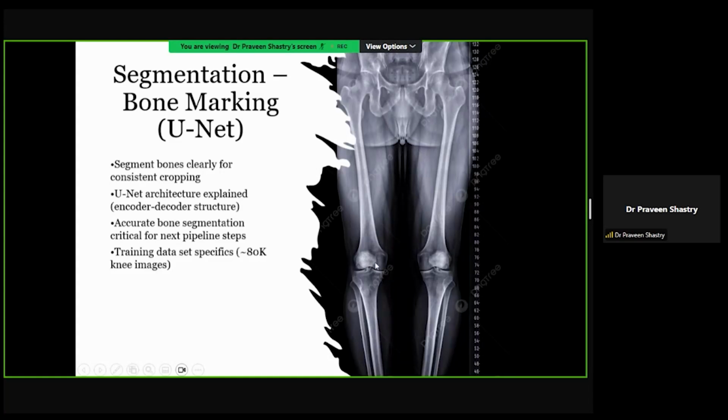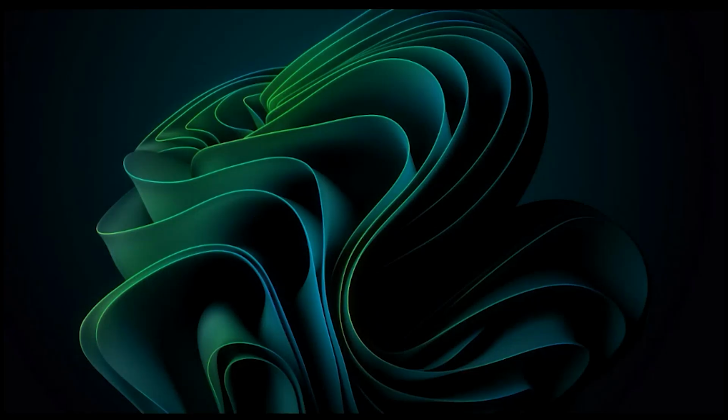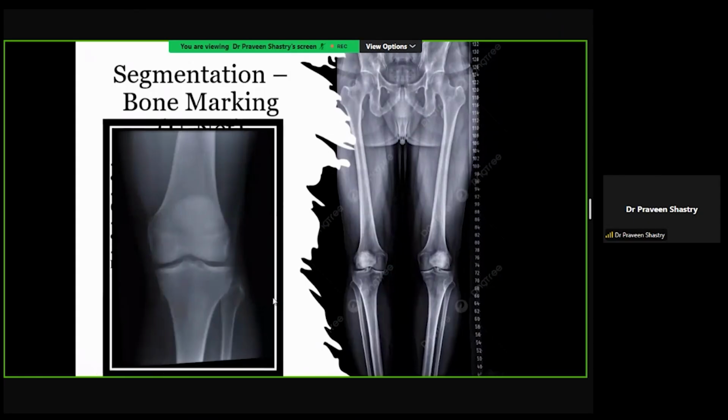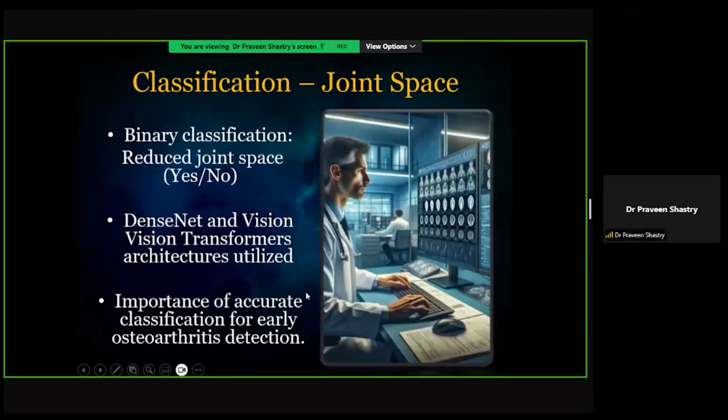Only the distal femur, the patella, the proximal tibia, and the fibula were taken and cropped. The segmentation tool did that for us. After segmentation, we used classification models for whether joint space reduction is present or absent. It's a yes or no question. We've used DenseNet and Vision Transformers to do this.